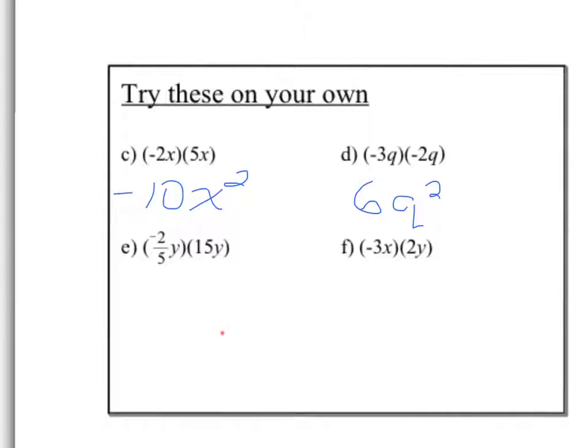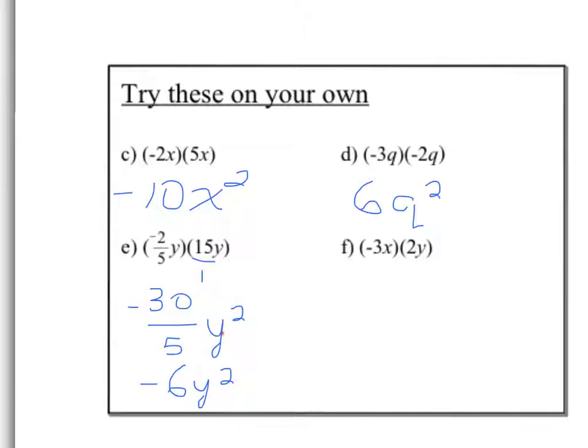So negative 2 times 15 would be negative 30, because this is really saying 15 over 1. 5 times 1 is 5. So it's negative 30 over 5, and then y times y is y squared. And you can simplify this down to negative 6y squared, because 30 divided by 5 is 6.